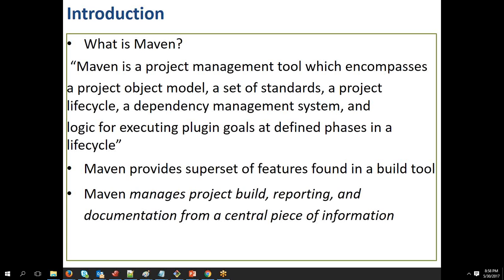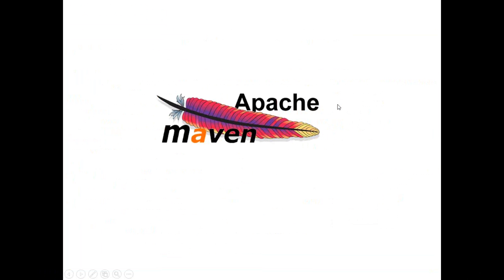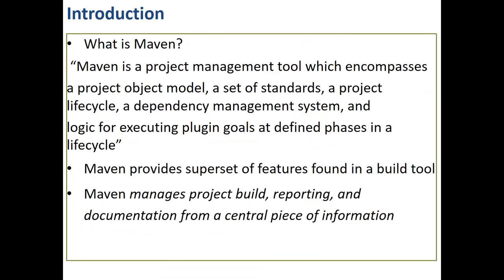The second thing is Maven is a free tool, or an open source tool, given by Apache. Actually we call it Apache Maven because Apache is the organization which has given this tool called Maven, and it is an open source tool, which means it is available for free for us to work.